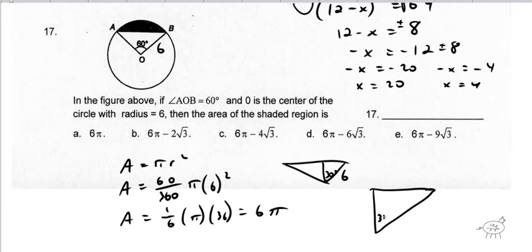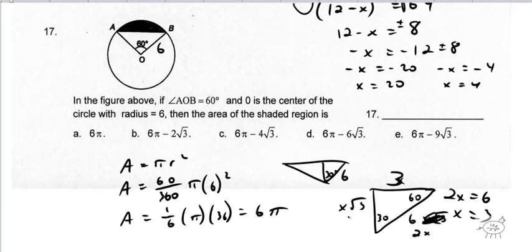If that's 30 and this is 6, remember, across from the 30 is x, across from the 60 is x root 3, and this is 2x. Okay, so 2x equals 6. So x is 3.